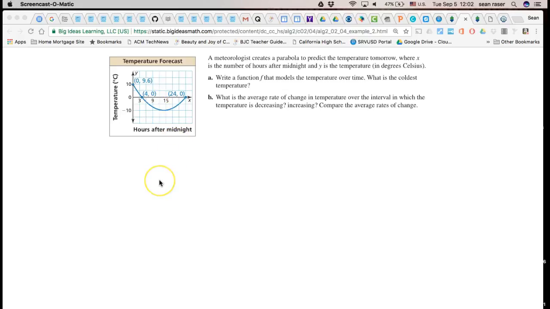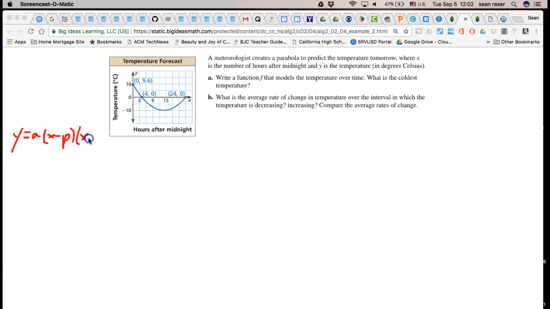So for this problem, we're going to have to use our intercept form, which if you remember, is y equals a times the quantity x minus p times x minus q, where p and q are the x-intercepts.